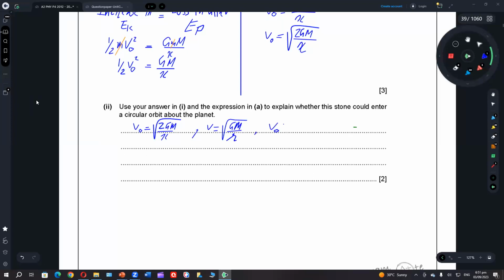So v naught is greater than v. So the answer would be no. Why would the answer be no? Because its velocity is too high. Remember, in order to orbit in a circle, a precise velocity is needed, and this velocity is not available here. So we can say it will not enter into a circular orbit.